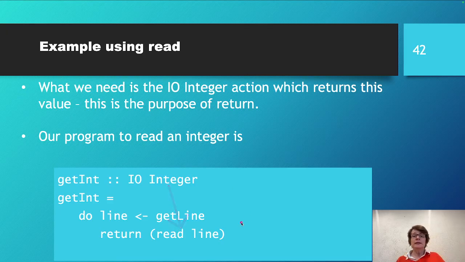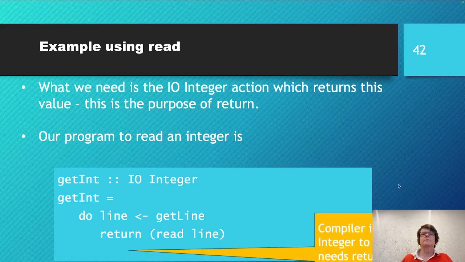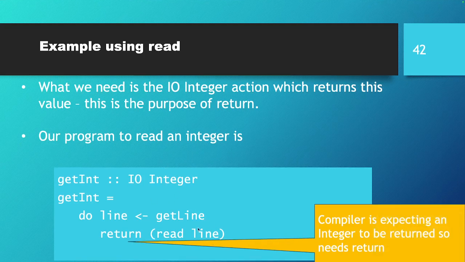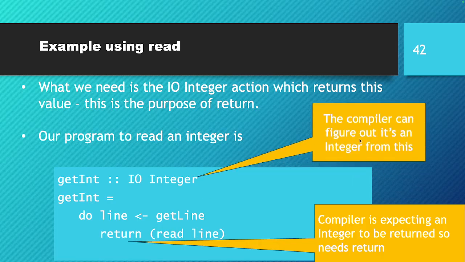So now it doesn't need a return, because it's a value. So it says, you promised me a value back. So I'm going to send you back a value, but here it says, now make sure it's an integer. So the compiler can figure out that it's an integer from this.